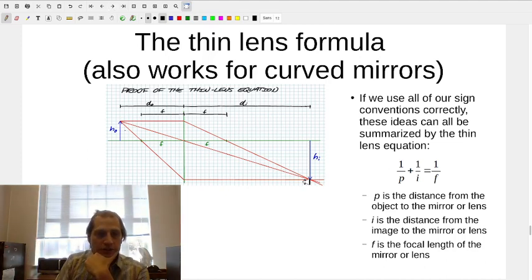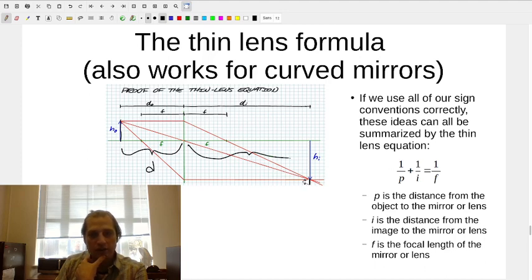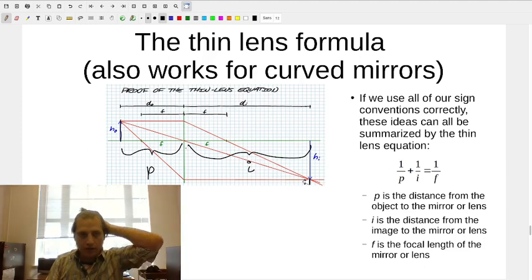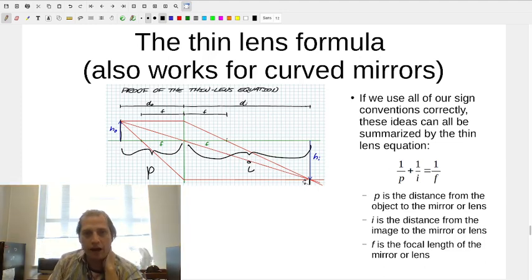Let's say that you have an object here at some distance, and unfortunately the letters that your book uses are a little bit different from my picture, but this is the distance P, the distance to your object, and then you have a distance to your image, and that would be I. And if you have 1 over P plus 1 over I equals 1 over F. In this particular picture, the F that you have would be positive.